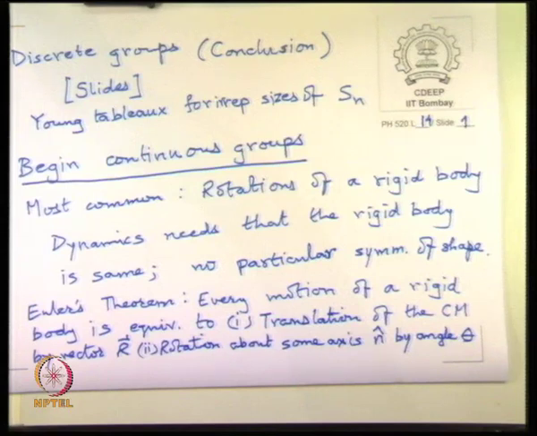So, it is translation of the center of mass by some vector capital R, and this is for any finite motion. You start at some point, you wait for 10 minutes and see wherever it is. You can have a space station going around the earth, whatever it is. Effectively, the initial configuration and final one are going to be separated by one displacement vector for its center of mass and a single rotation about one given axis.